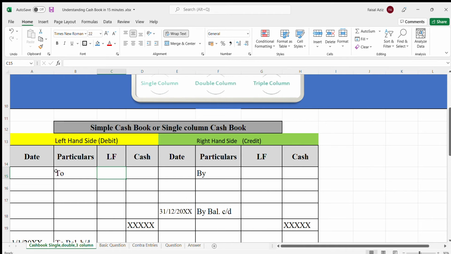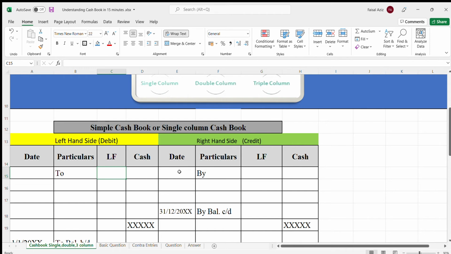So we use the prefix "to" in the particulars when we receive cash and need to record it here. For example, if the business has received cash after selling goods, we will mention it here as "to sales". Similarly, the next column is ledger folio. It is a reference to the ledger account, and next is cash.